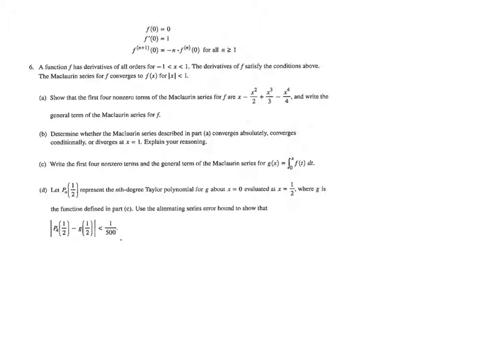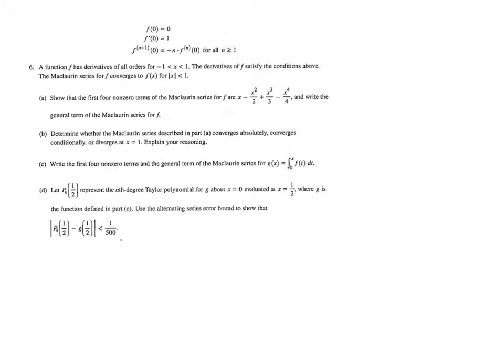Now let's take a look at question number 6. In this case, you're told that f has these derivatives in these orders. So you have f of 0 is 0, f prime of 0 is 1. And then every next derivative at 0 is going to be negative n times whatever the previous derivative was.